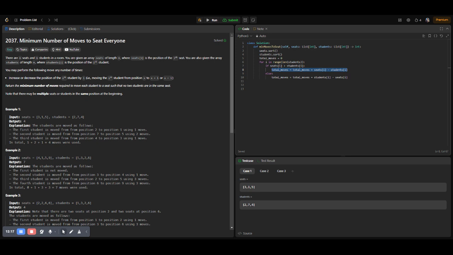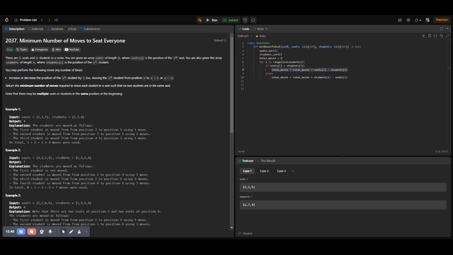If the position of the ith seat is less than the position of the ith student, we have the example where the first student is at position 2, but the seat position is at 1, meaning the student is at a higher position. So what we have to do here is just subtract 2 minus 1.